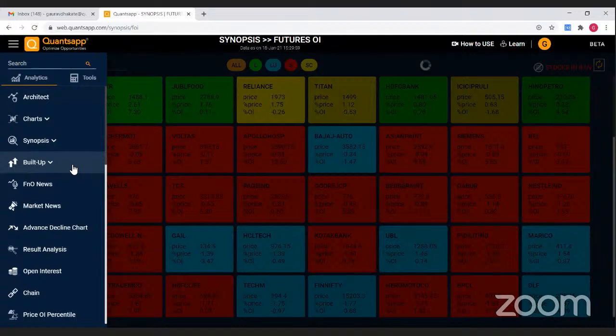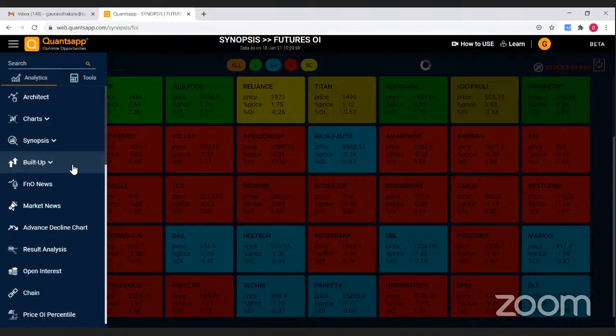I would like to give a small brief about Quantsapp. So back 3 years, we started in 2018, sorry, 2017. From there to here, we had just 9 tools when we started.